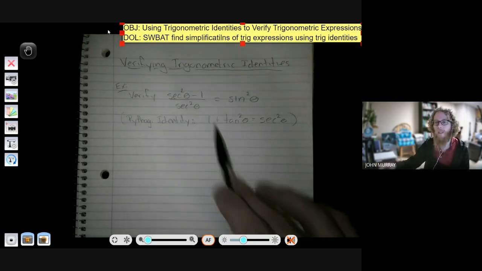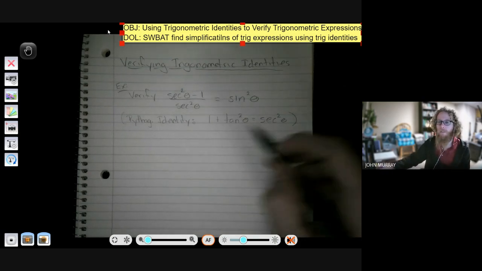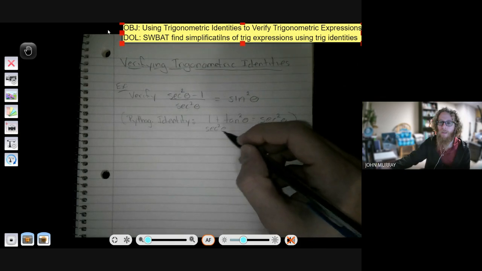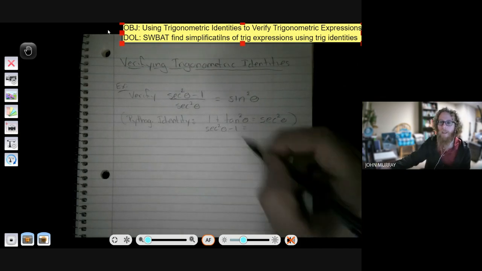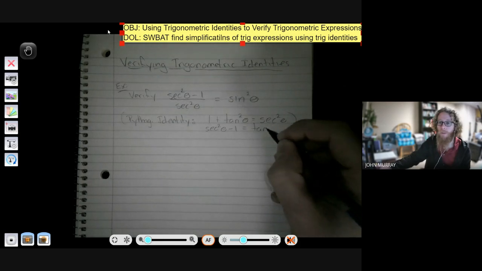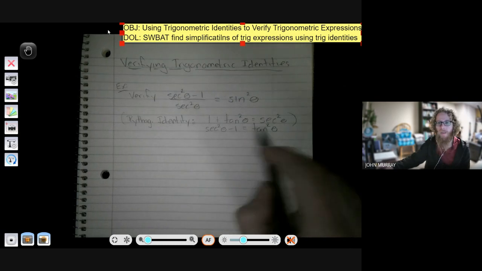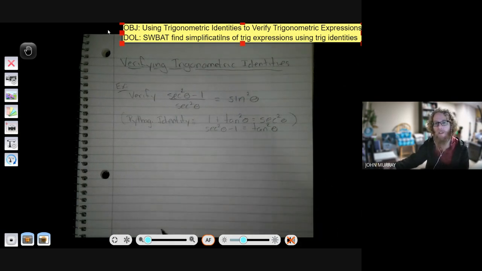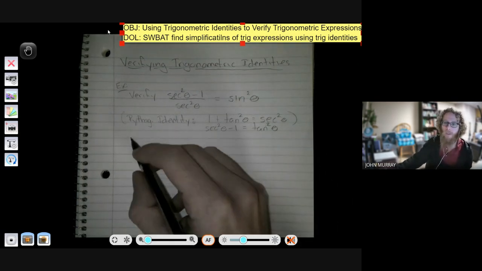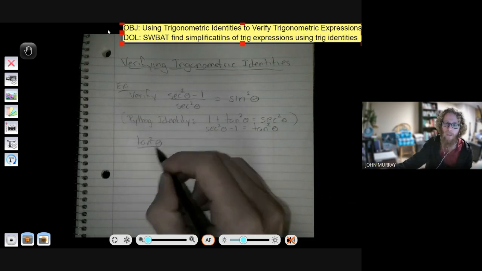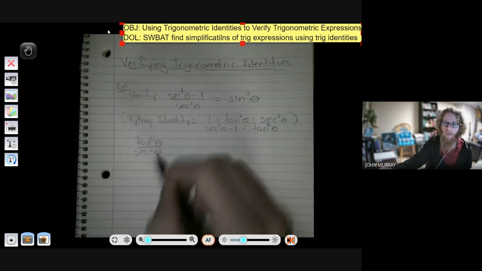I want secant squared minus 1. So with this here, if I move the 1 over, I get secant squared minus 1 equals tangent squared. So that's telling me I can substitute tangent squared where I see that, right? So I'm going to rewrite it, tangent squared over secant squared.